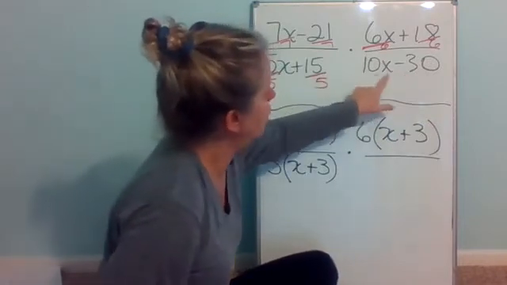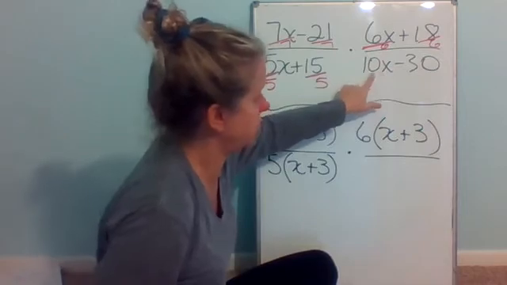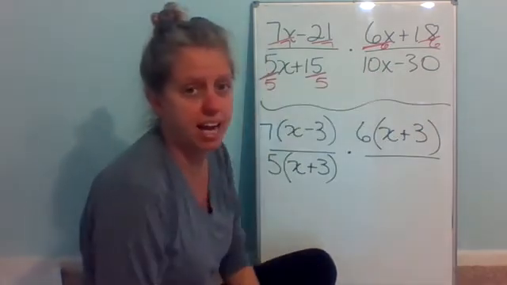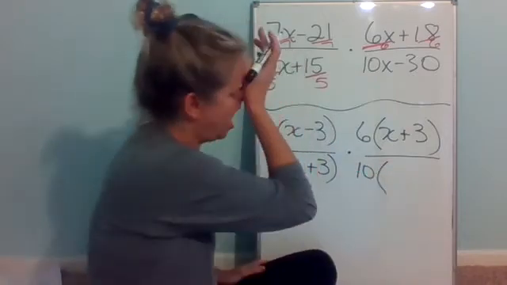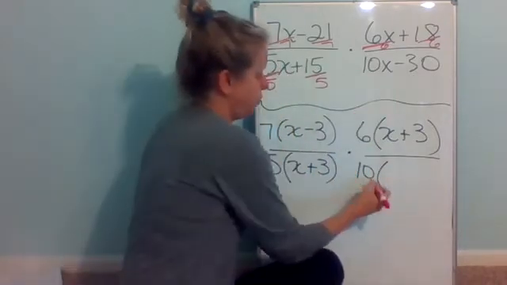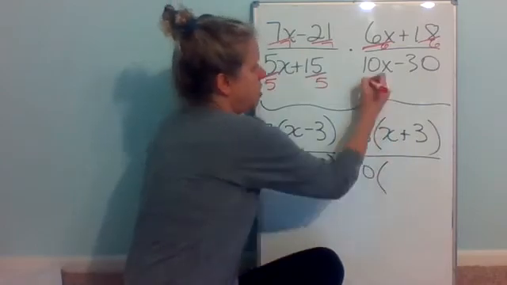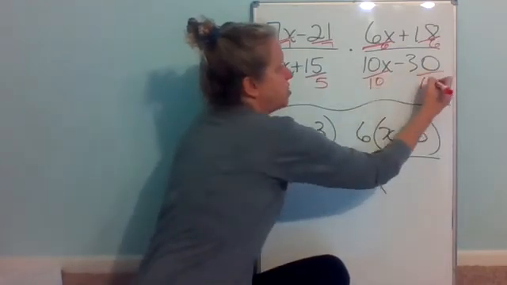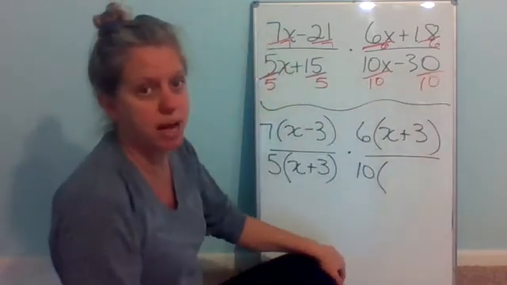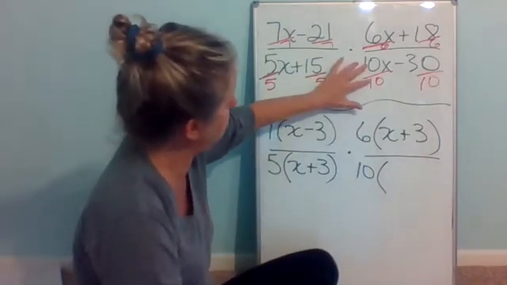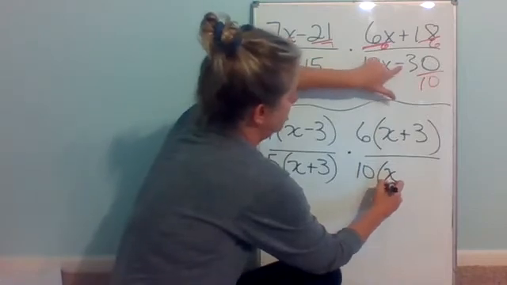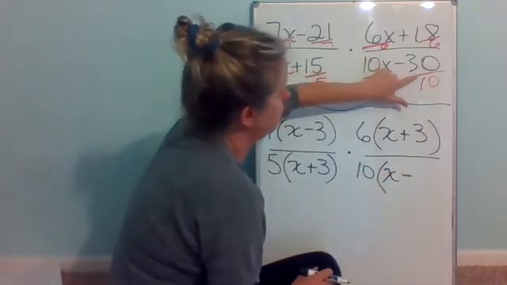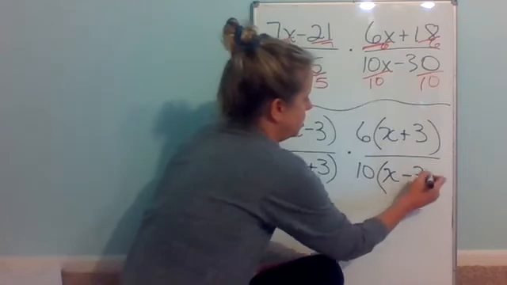And the last one, what is the biggest number that goes into 10 and 30? 10 will go into both of those. So if you pull out the 10, put in parentheses what is left. So let's see, dividing those by that 10 that I pulled out. So if I pulled out the 10, all that's left here is an x, this time minus 30 over 10 gives me 3.